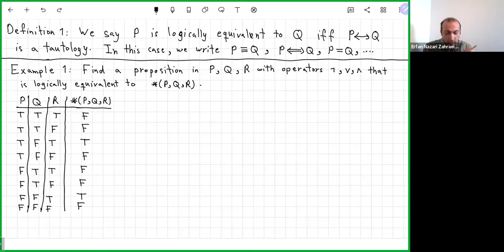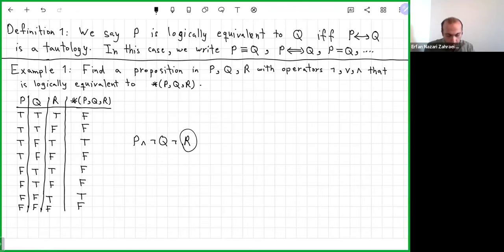So the statement that is only true on this row is P and not Q and R. Why? Because if I want to have true only in this row, then necessarily P should be true, Q should be false, in other words not Q should be true, and R should be true.